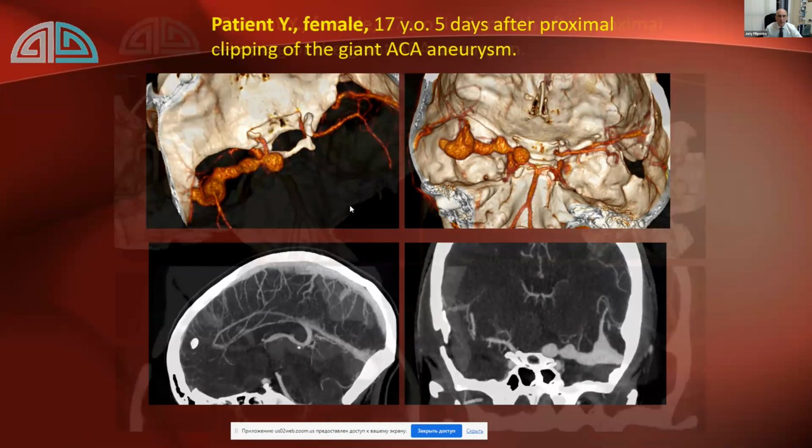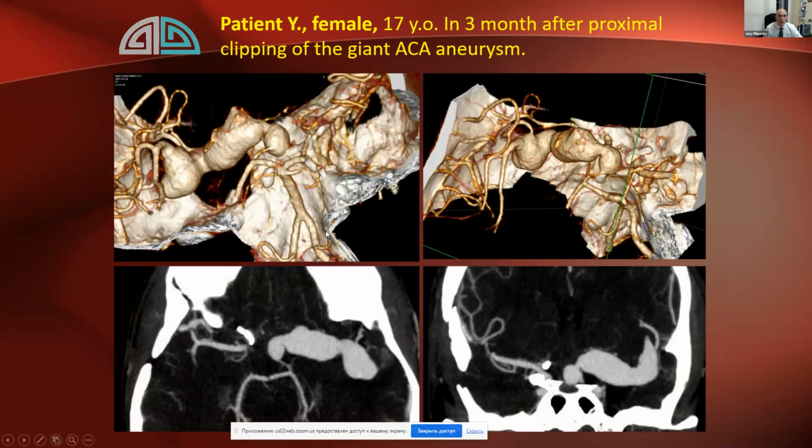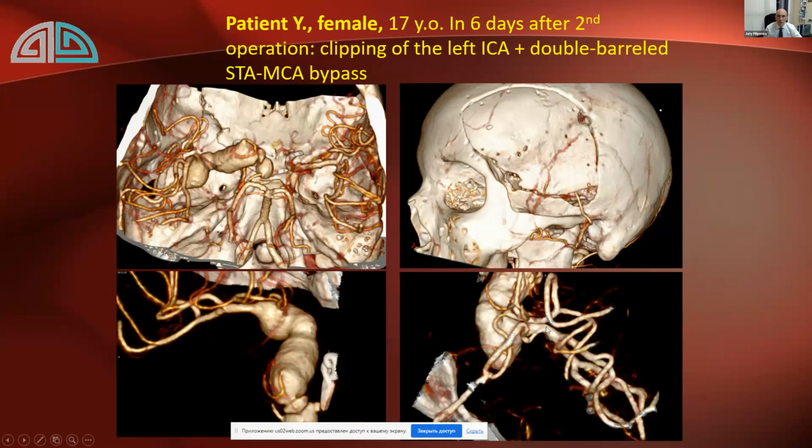At 3 months, we revealed significant increase of the fusiform middle cerebral artery aneurysm. It was a big challenge what to treat, because there are a lot of lenticulostriate arteries originating from the aneurysm, and we decided to perform proximal occlusion and a double barrel MCA-STA bypass.